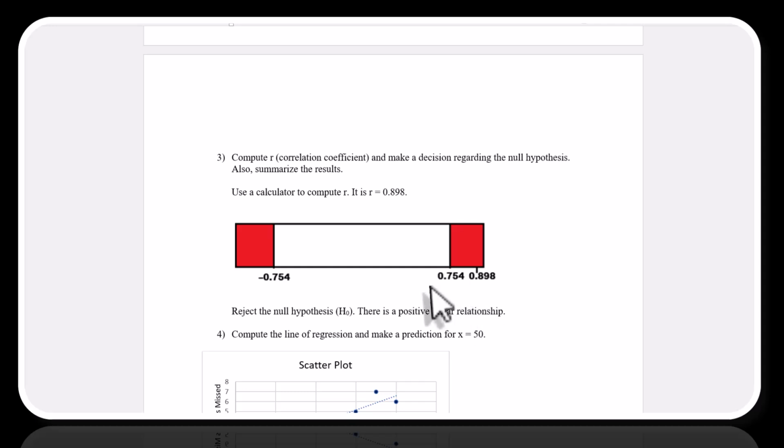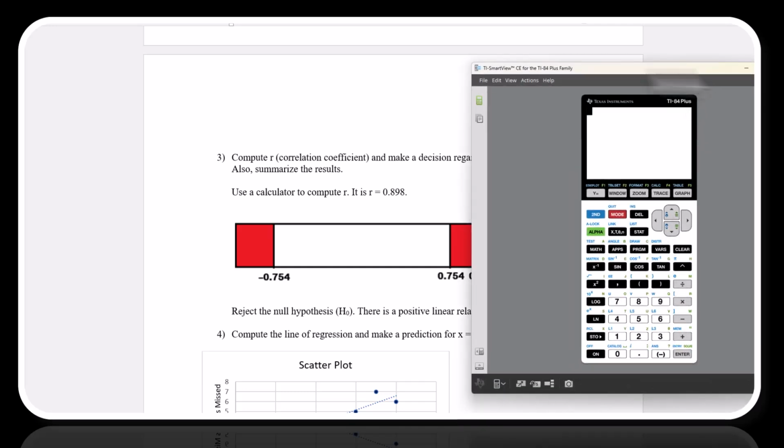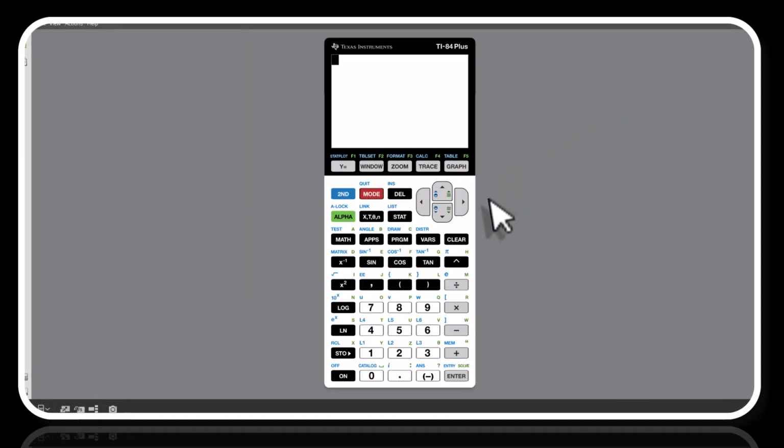Next, we have to calculate the sample correlation coefficient, R. We can use a calculator to do this. In this case, I am using a TI-84 Plus calculator. Press Stat, and then Edit. Enter the X values in L1. Enter the Y values in L2.